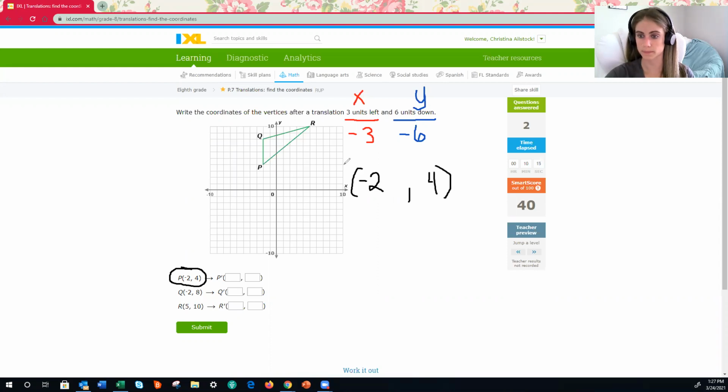That's point P. But we're going to translate it 3 units to the left, which means we're going to subtract 3 from the X value. What is -2 minus 3? The signs are the same, so we're going to add and keep the sign. That would be a -5.